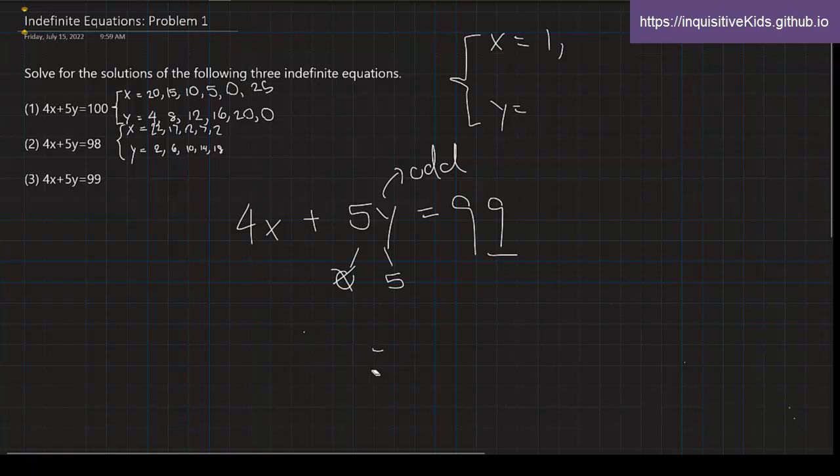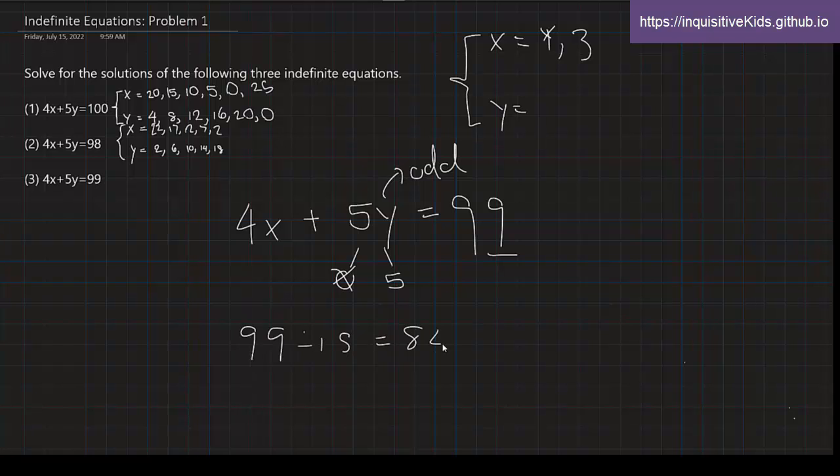So y equals 1 would not work. What about y equals 3? Well, if y was equal to 3, then 3 times 5 would be 15. 99 minus 15 is equal to 84. And 84 is a multiple of 4.